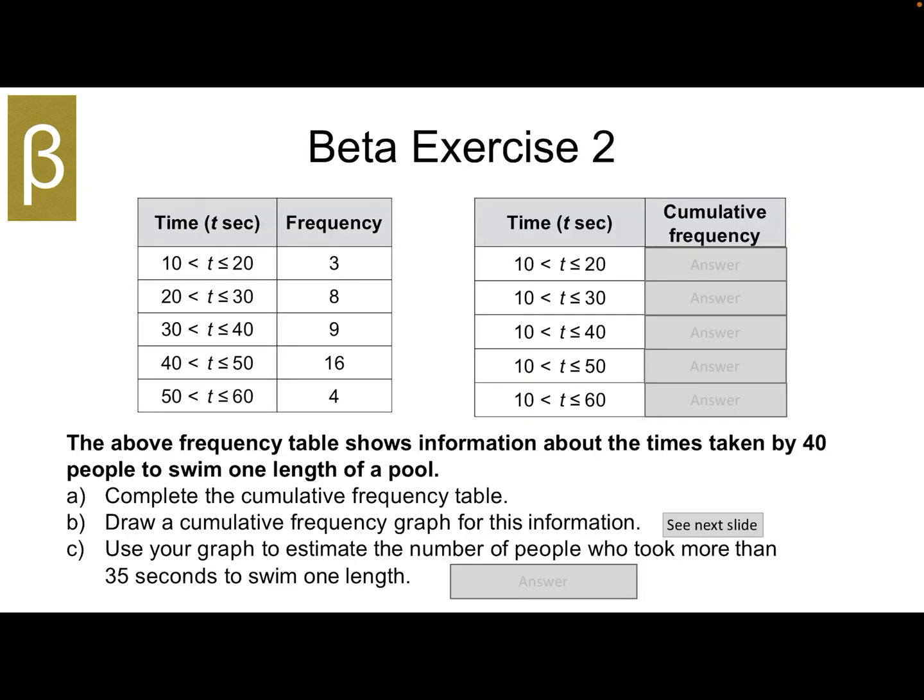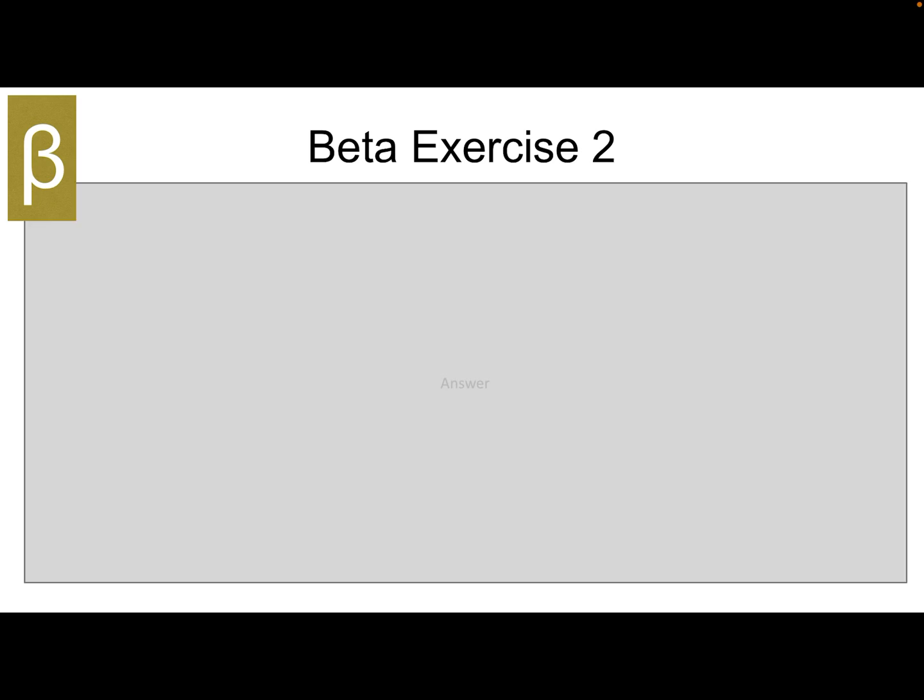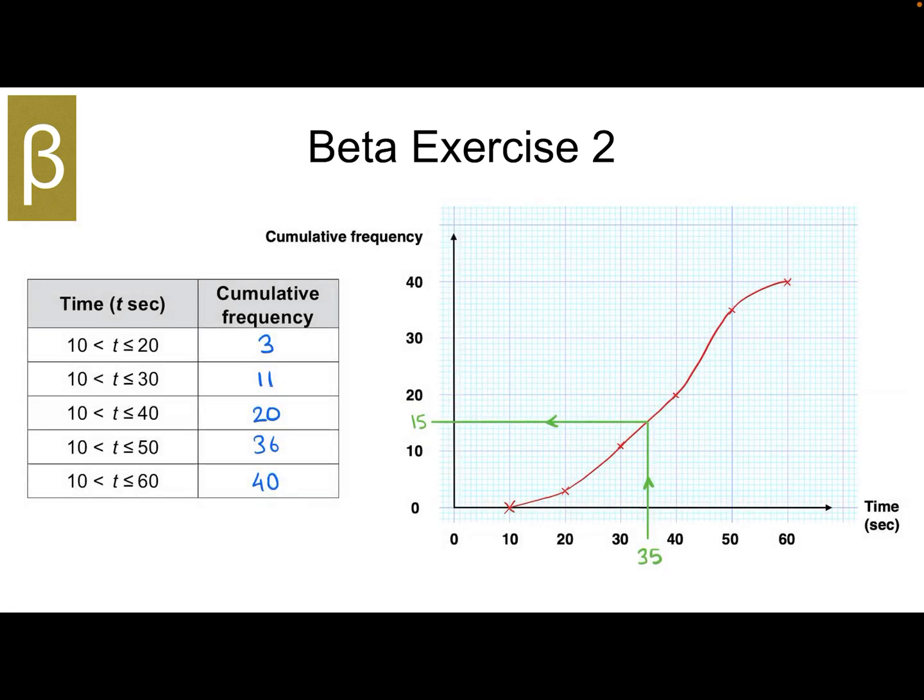Okay, here's another one. So this time you've been given the frequency table. You first of all need to find out the cumulative frequencies and then make a cumulative frequency curve and then answer the questions. Stop your video and have a go. Okay, here are the cumulative frequencies, and next slide we're seeing the cumulative frequency curve.